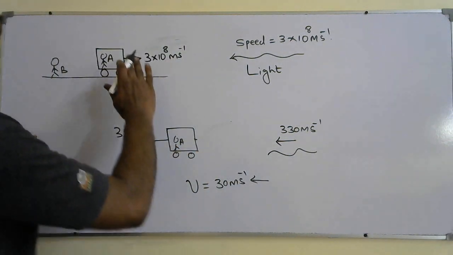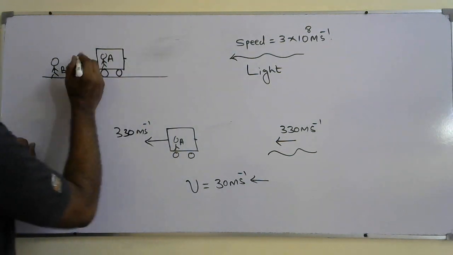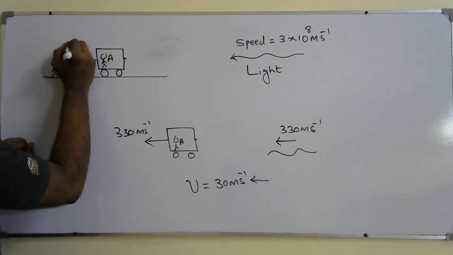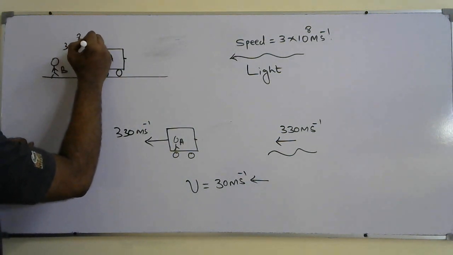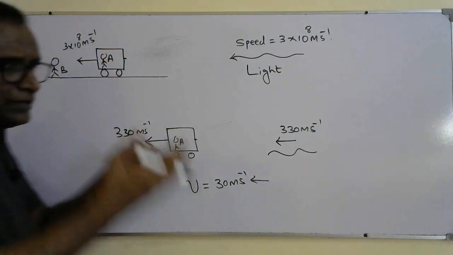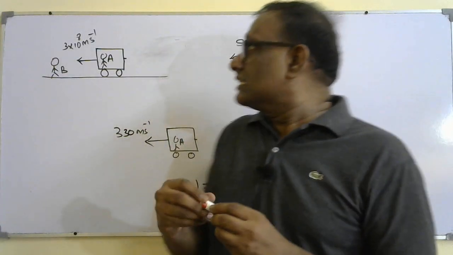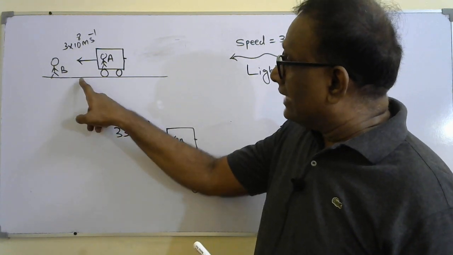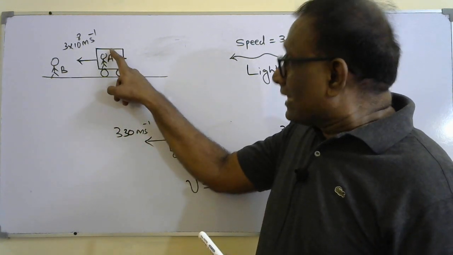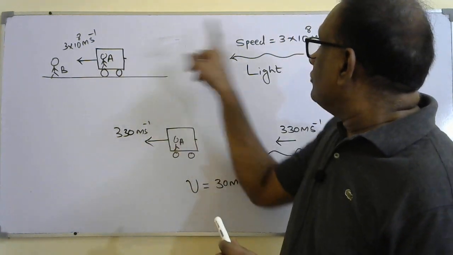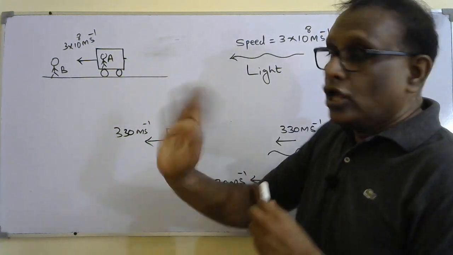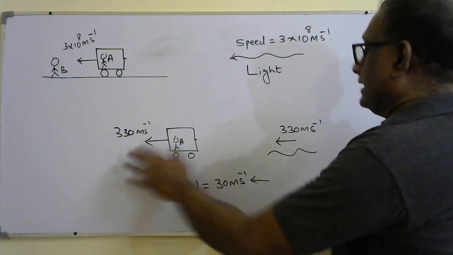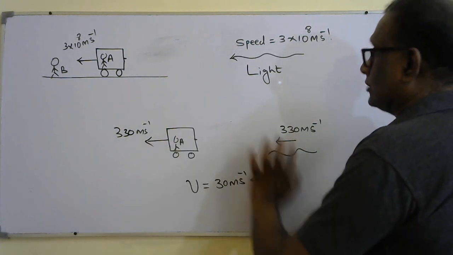But if the observer A moves towards left at 3 × 10^8 meter per second, we know that nothing can travel at the speed of light, but we'll imagine that A moves towards left at 3 × 10^8 meter per second relative to ground. Here the speed of light measured by A won't be equal to 0, though for sound it could become 0.